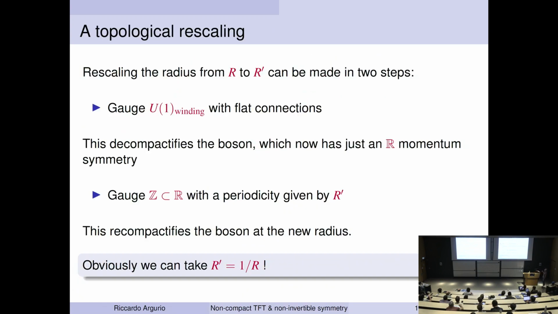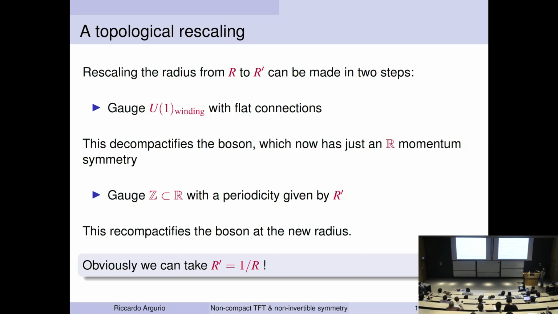I want to rescale from R to R prime. The first thing to do is to gauge the winding symmetry. The idea of gauging here is preserving the flatness of the connection, so I don't introduce any degrees of freedom by doing this gauging. This removes all the winding modes and essentially decompactifies the boson.